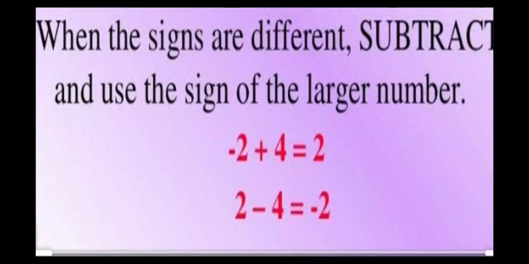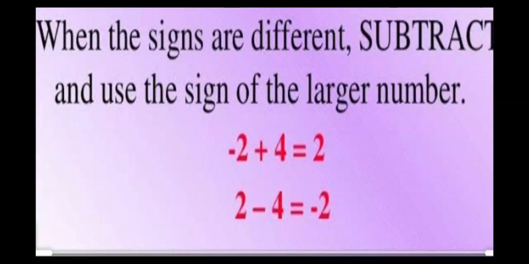Rule number 2. When the signs are different, subtract and use the sign of the larger number. Whenever you have opposite signs like plus and minus while adding, you have to look at the numbers, which is greater, which is smaller.